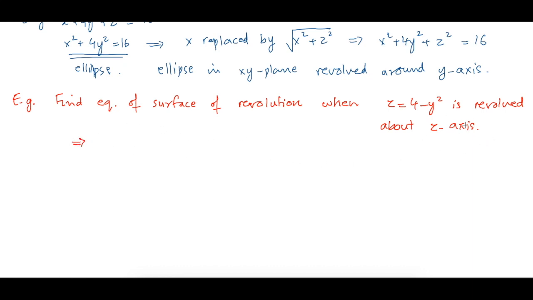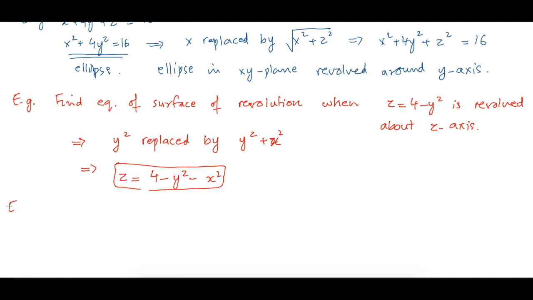Since it is revolved about the z-axis, y squared is replaced by y squared plus x squared. So z is equal to 4 minus y squared minus x squared, which is our answer here.